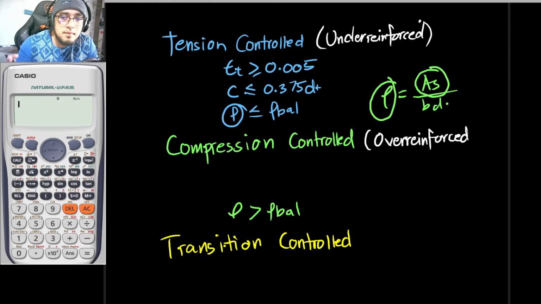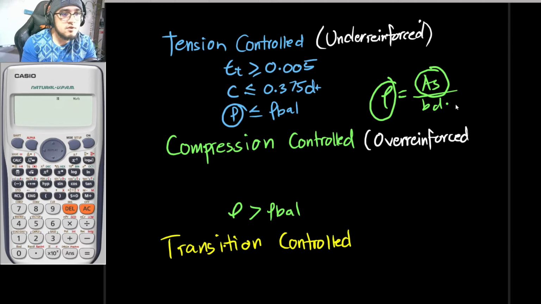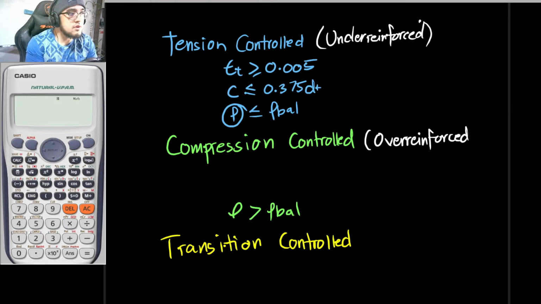So pag mas madami tayong bakal, mas mataas yung rho. And kapag lumagpas tayo sa rho balanced, ibig sabihin over-reinforced na tayo. Pag mas mababa naman tayo sa rho balanced, it is now under-reinforced. And in here guys, for your under-reinforced, your fs is to be greater than or equal to fy.